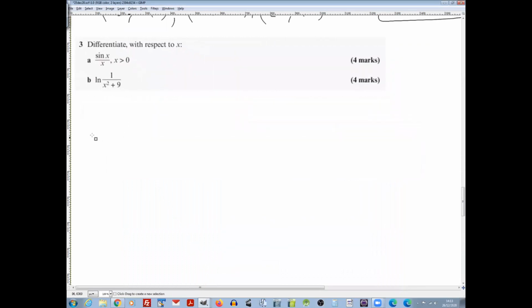Okay, part A. So sine x over x, how shall we parse that? Probably sine x, just the blob. Sine x is the blob? Yeah.